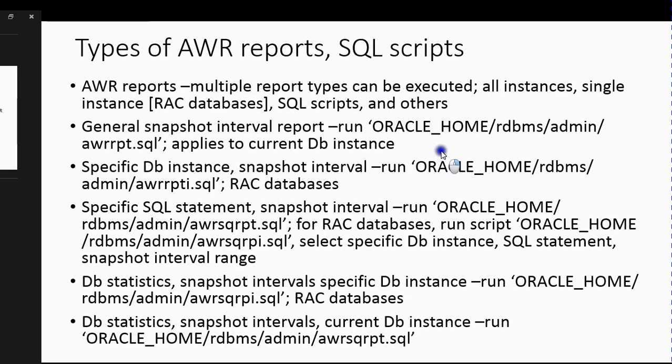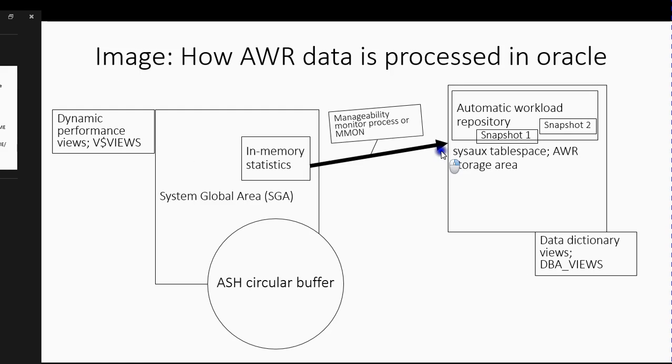So you can get a sense of what the circular buffer is, where it's placed in terms of the architecture for your internals. If you can remember, this is the ASH circular buffer. This is how you're able to query that V$ active session history performance view that I just showed you.